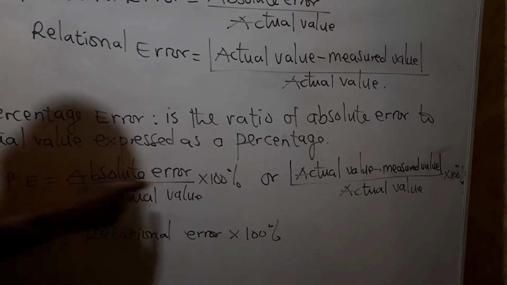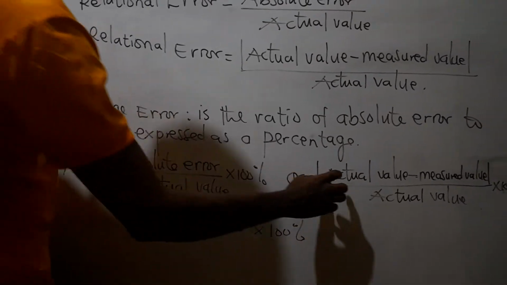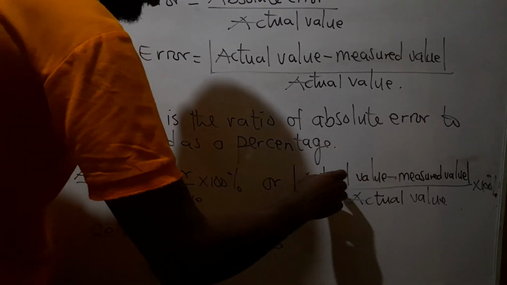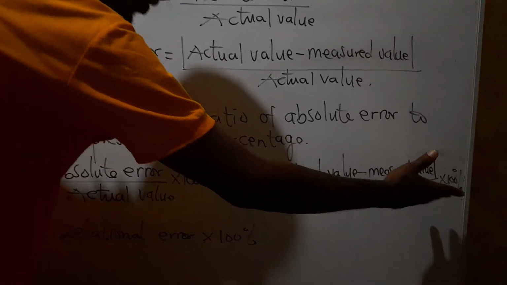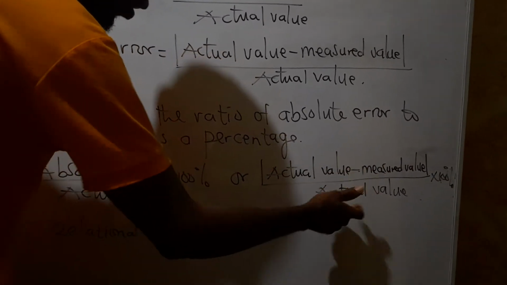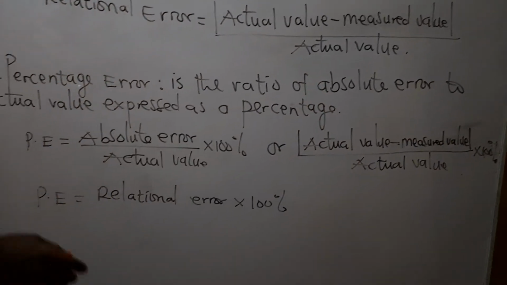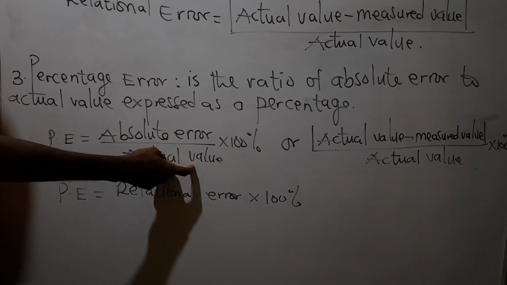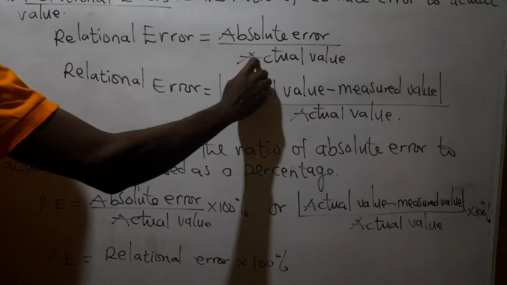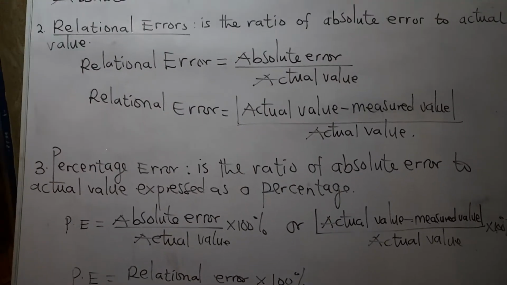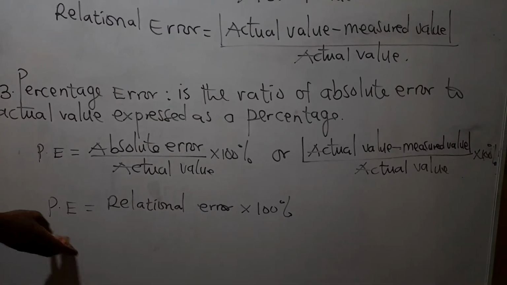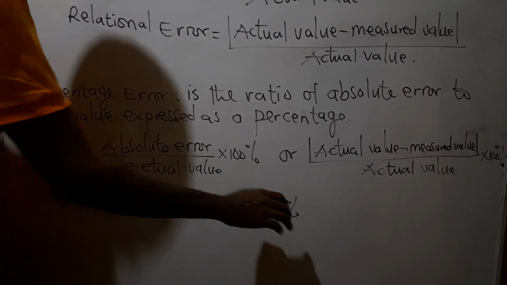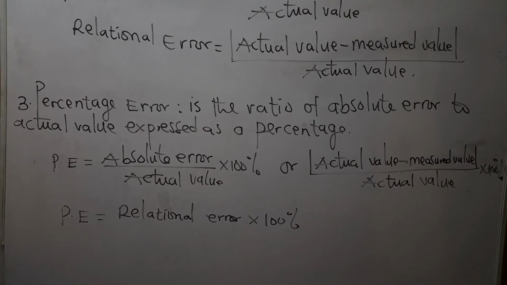Or, remember, absolute error is the absolute difference of the actual value and the measured value, so we can say percentage error is that over the actual value times 100%. Also remember, the absolute error over actual value is the relational error. So we can also say percentage error is relational error times 100%. I hope you get that.